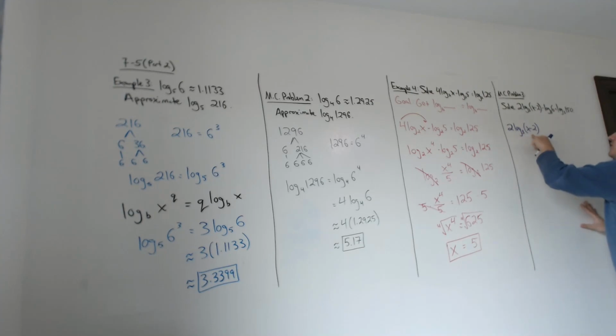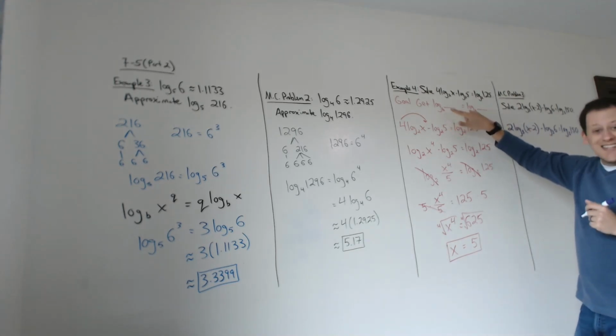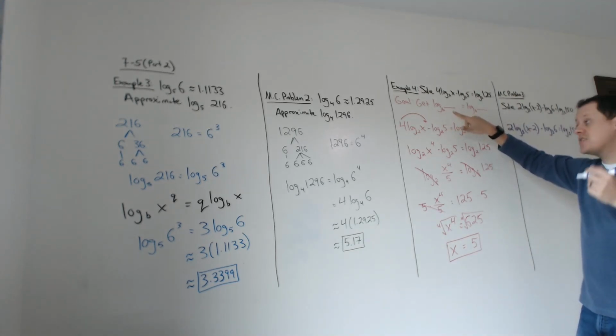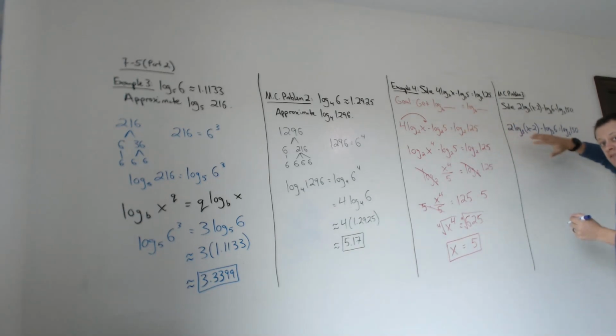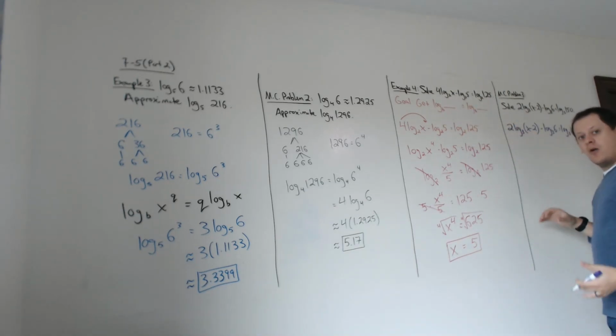Two log base 3 of x minus 2 minus log base 3 of 6 equals log base 3 of 150. Again, to get to our goal where we can get rid of the logs, we're not allowed to have anything in front. So if any of these terms has something in front of a log, we need to fix that.